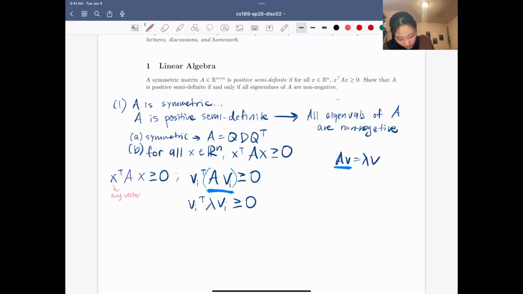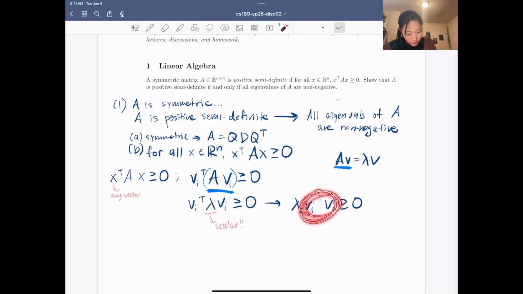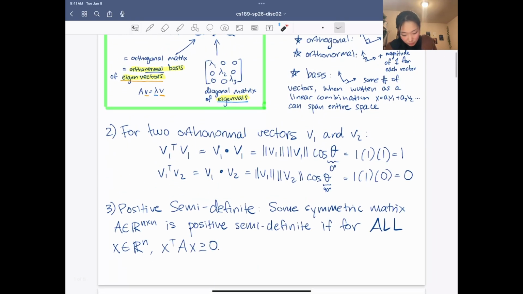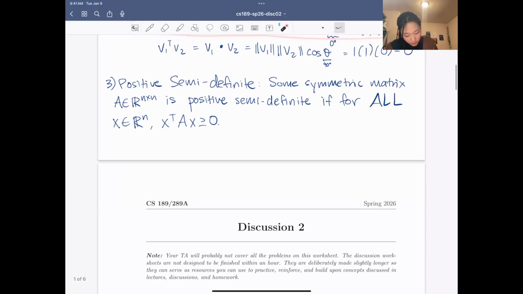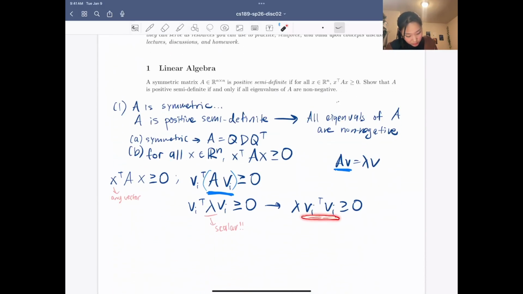And recall that lambda is what? It's just a scalar. Yay! So if it's a scalar, we can move it to the front. And so what we have over here is lambda V_i transpose V_i is greater than or equal to 0. And recall in our notes, this is not just a vector, by the way, it's an eigenvector that we got from our orthogonal matrix here, which consisted of an orthonormal basis. And so remember, when we have this as the case, we can use this first rule where we're essentially taking the dot product of ourself.